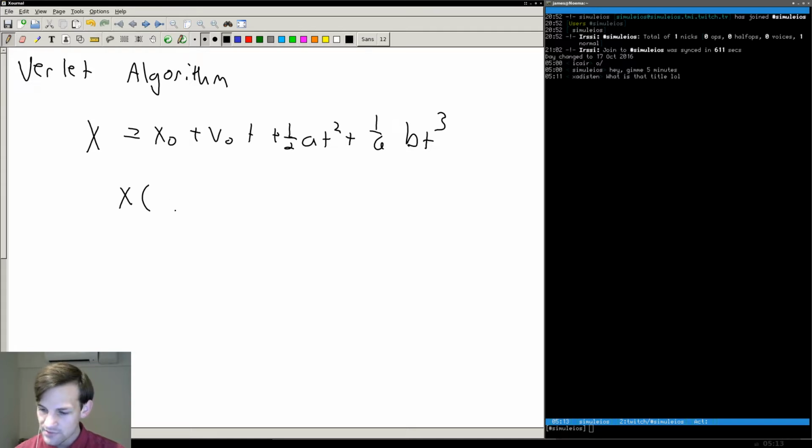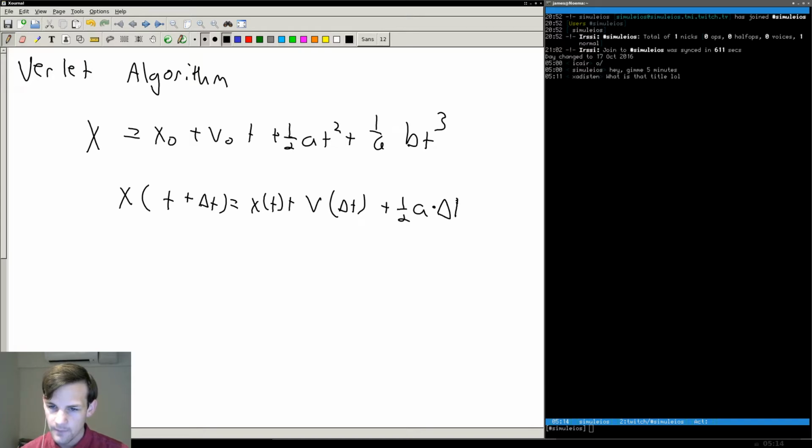We're going to say x at t plus delta t is going to be equal to x at t plus v times delta t plus 1/2 a times delta t squared plus 1/6 b delta t cubed.